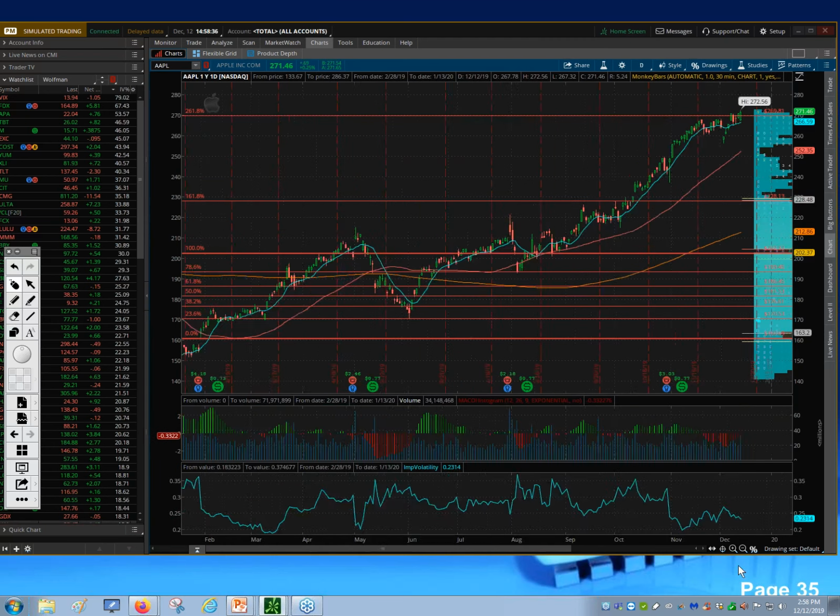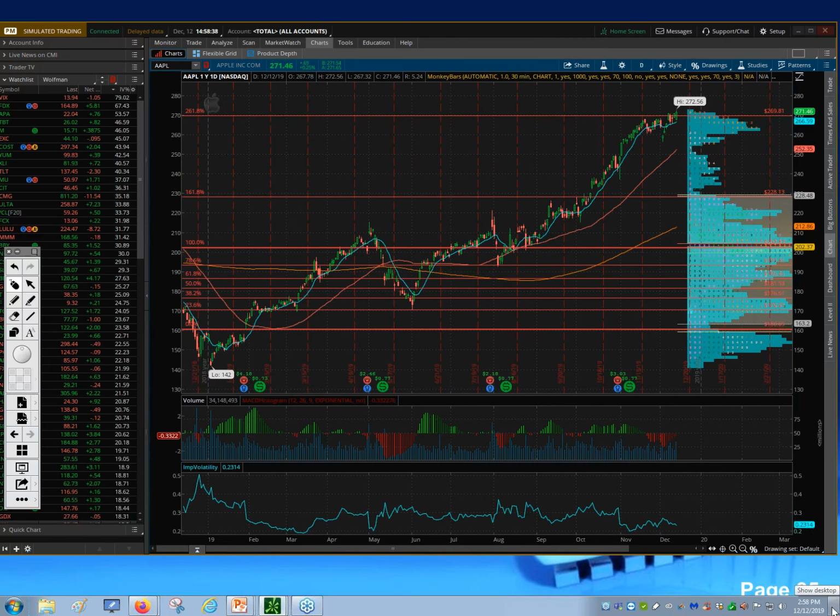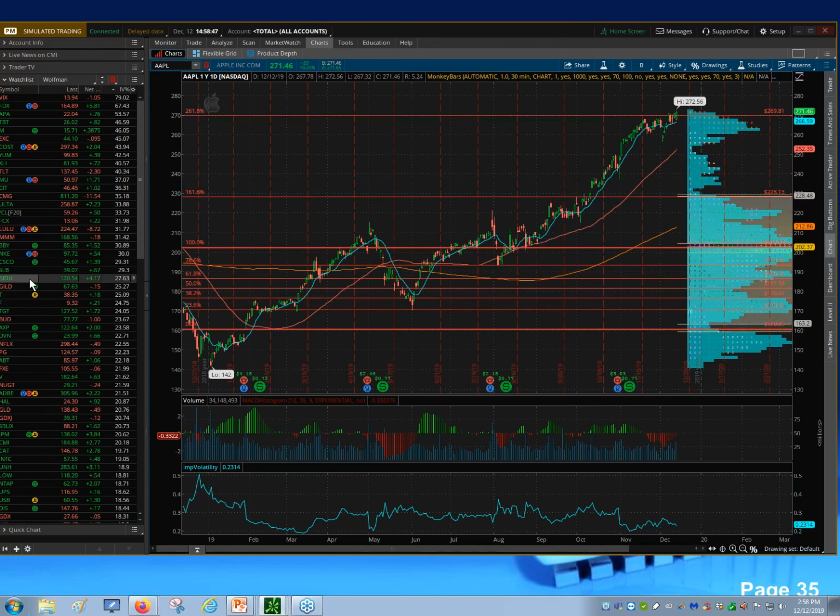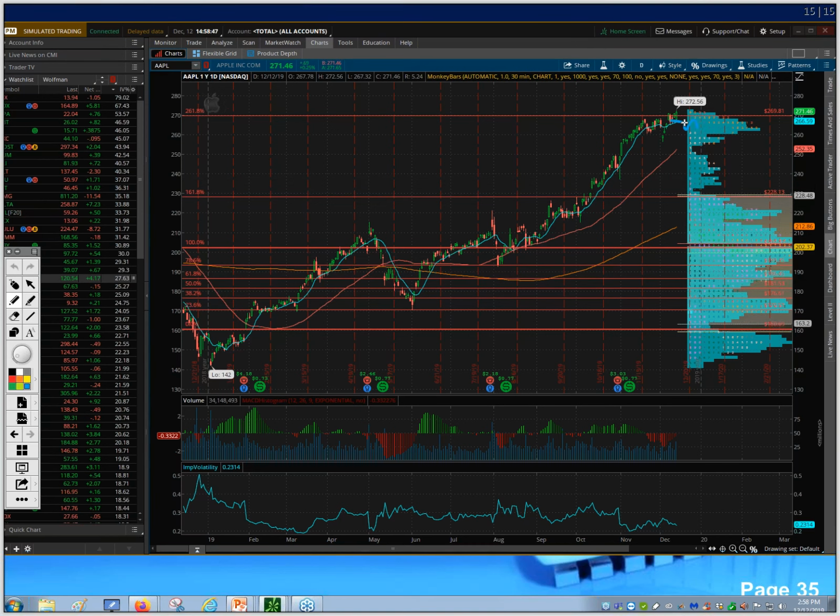If I thought the market was going to come down to 228 for whatever reason, I don't want to only have this much time to be right. It could immediately start rolling over and just continuing to go down, which is what we see a lot of times. You could see that this one took a lot of time to make that market correction.